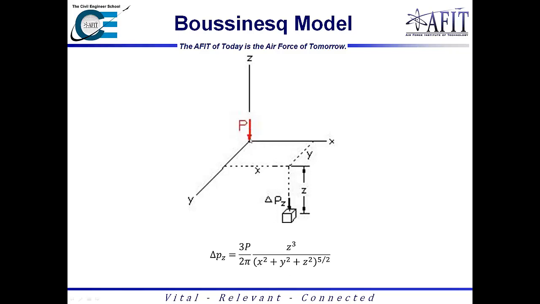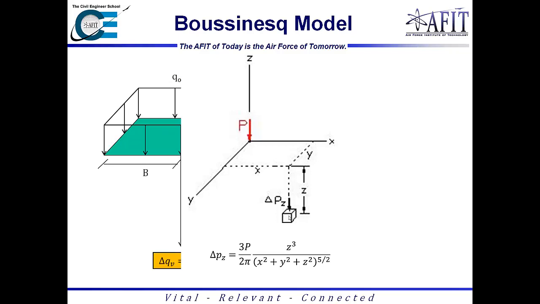So I can take this pressure with these distances here and calculate the change in pressure due to this load. This change in pressure would be added to the effective stress when we get into some of the bearing capacity issues and settlement.